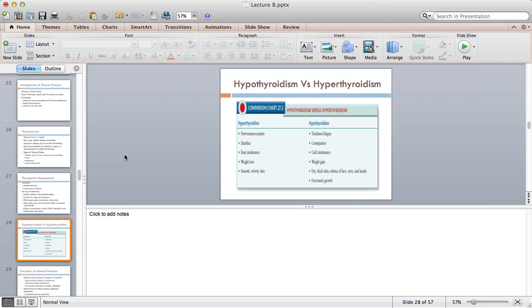Everything is slowed down. You can see decreased growth here also, because if you do not give adequate food and nutrients to match the expenditure, then you can see decreased growth and weight loss on that side as well.